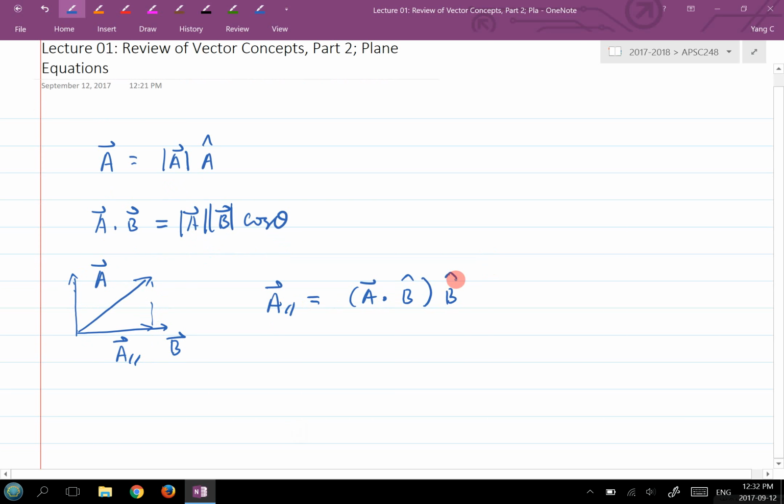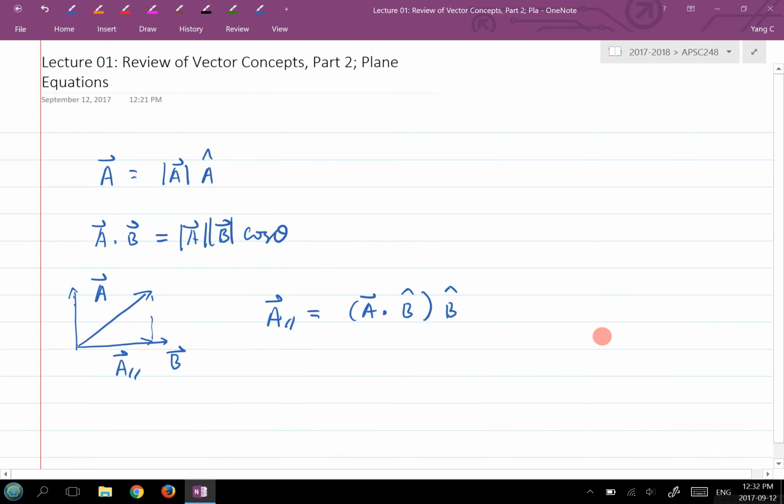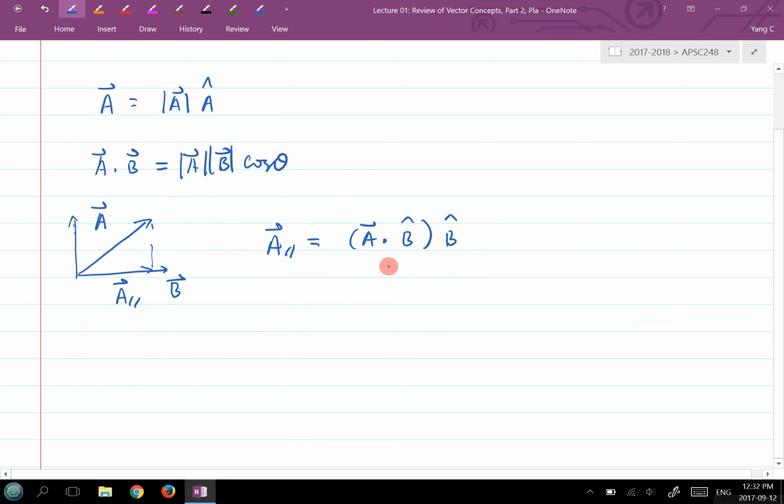This is the expression for A parallel, the projection of A in the B direction. It has two components: this one is the length, and this one is the direction. The direction is fairly obvious, because that's the direction of B that you want to project to.